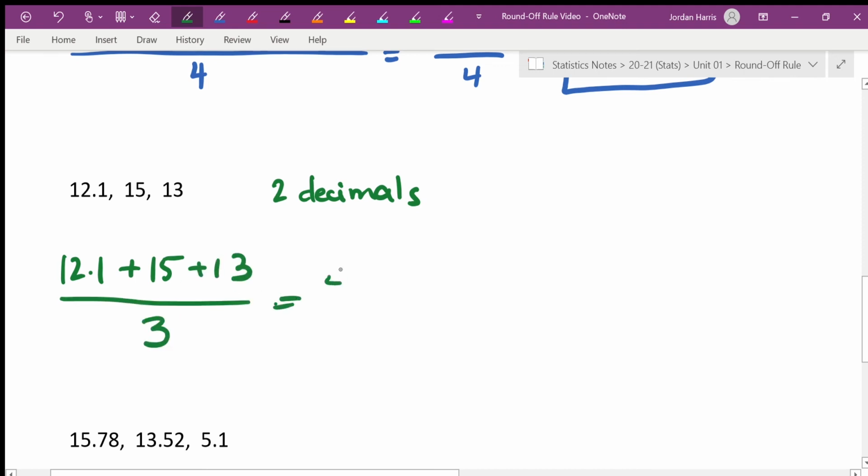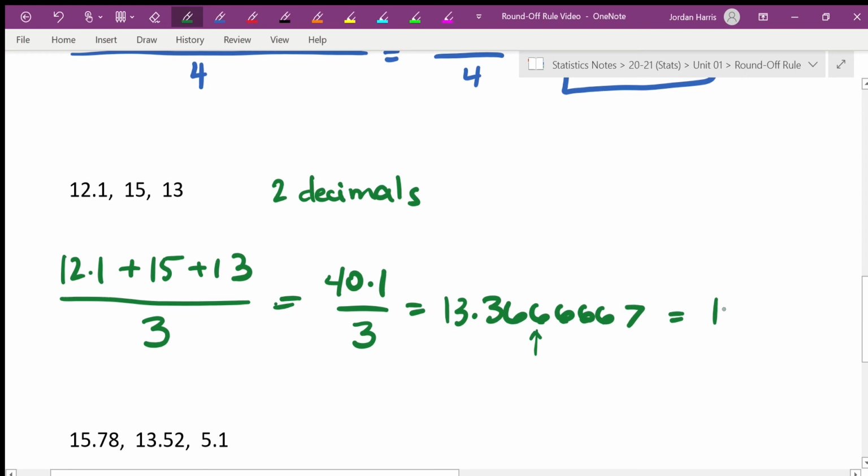That is 40.1 divided by 3. I'll write it out: 13.3666667 is what your calculator probably says. We need to round to 2 decimal places. That means I'm looking at the third, which tells me whether I round up or down. This is 5 or higher, so I need to round up. So it's 13.37. That's my answer.